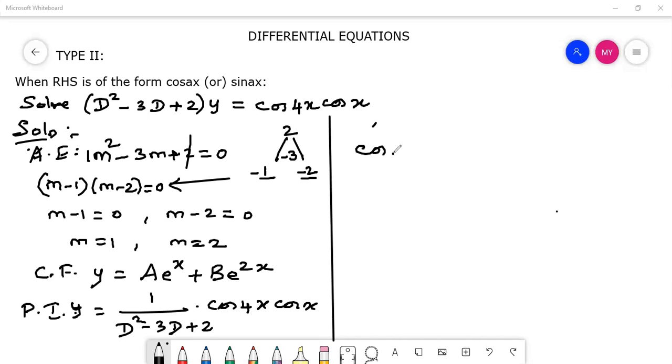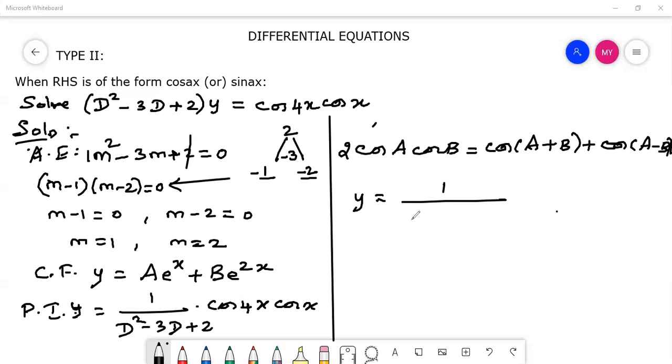So you all know the cos A cos B formula. We have to have the 2 in front of this formula, so it will be cos(A plus B) plus cos(A minus B). I am not having this 2 here, so I have to multiply and divide by 2.